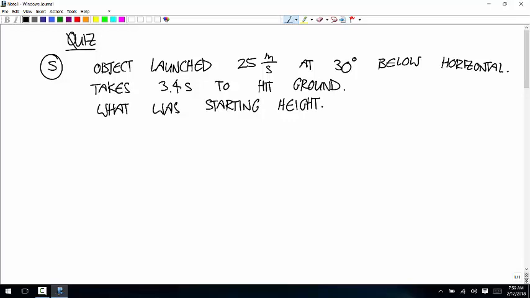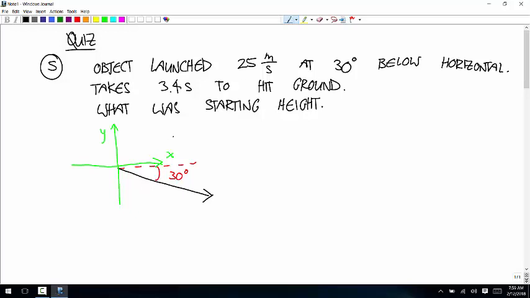All right, so 30 degrees below horizontal means this was the direction when it was launched. Okay, this angle is 30 degrees. And we're going to use a coordinate system like that. So that's the initial velocity vector.